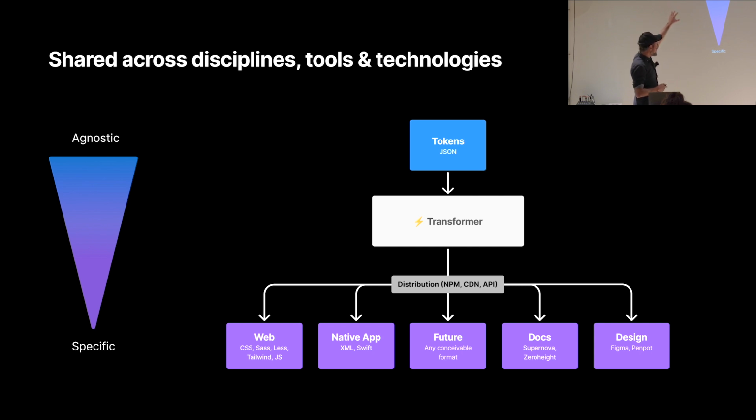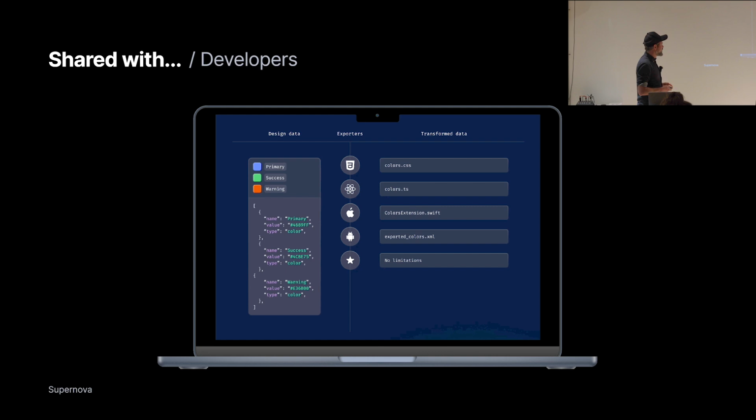So they start in an agnostic format, they get transformed along the way, and then you get a specific format for your target platform. And what this means is that it really doesn't matter what target platform you're working on. You can write your own transformers and transform your JSON to any conceivable format. So that's the journey design tokens take.